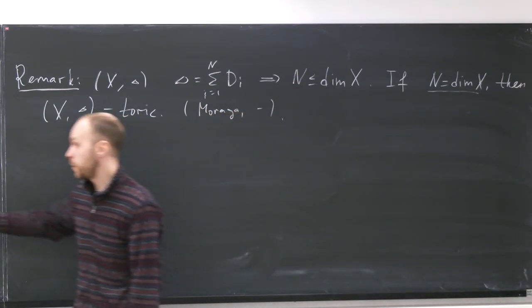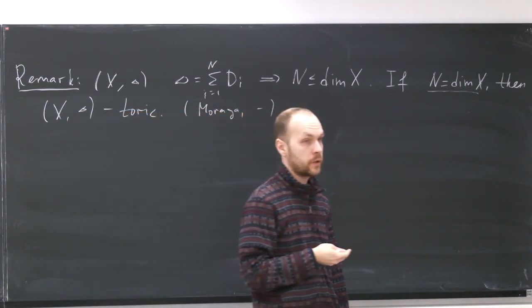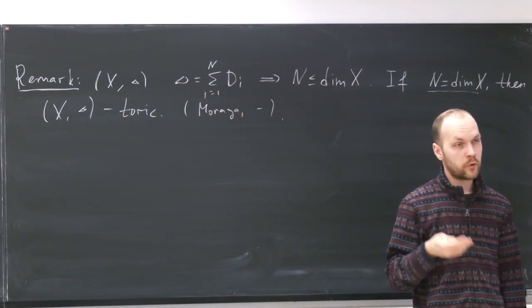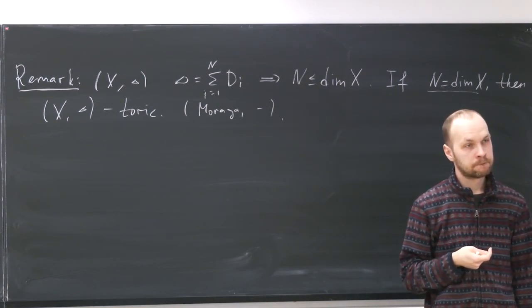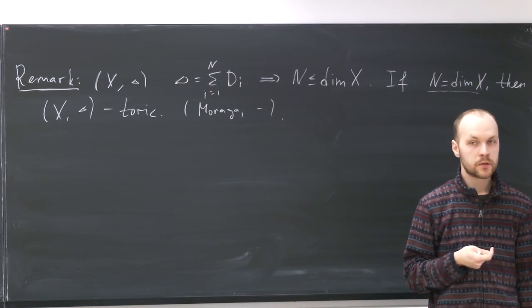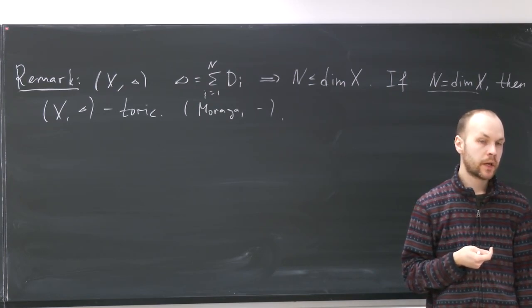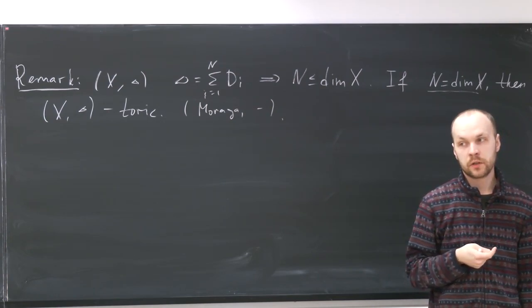For example, we can have P2 and the line, and this pair is toric, but the bound for the number of components is not attained in this case. No, I'm asking which toric varieties are log-Fano? We don't have a result on this, so I think some result can be obtained in this direction. Maybe not very hard, some combinatorial description.